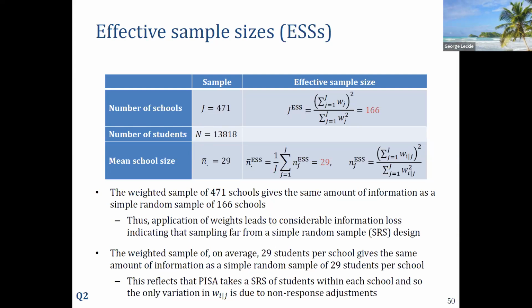So when we come to estimate a multi-level model, we're going to use the school weight and the student weight. Both of those will go into the estimating equations. They both go into the likelihood expression, and they're going to upweight and downweight different portions of the data. It acts as more or fewer cases.